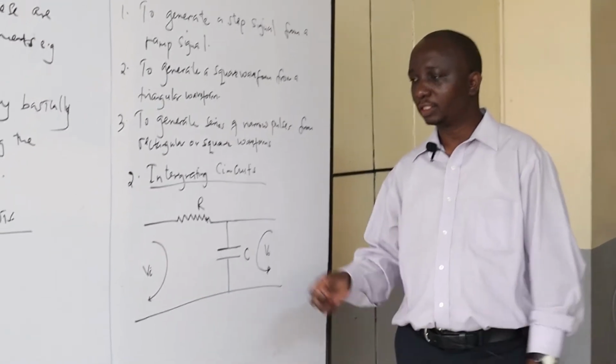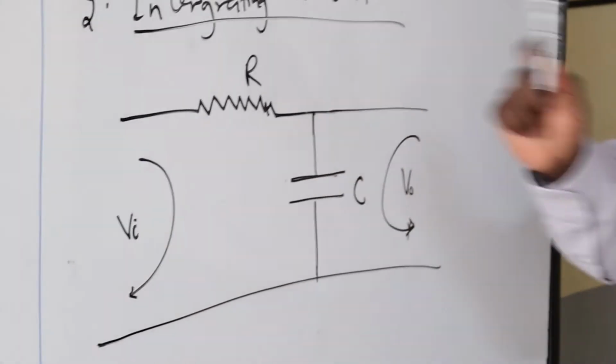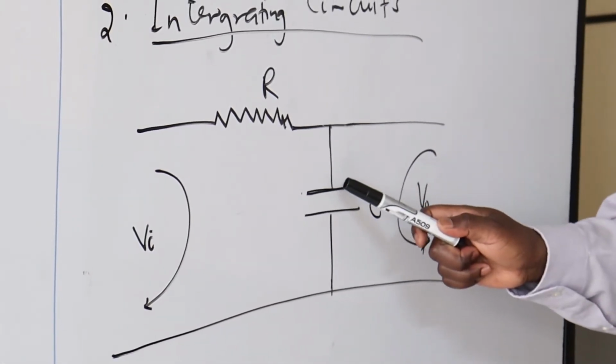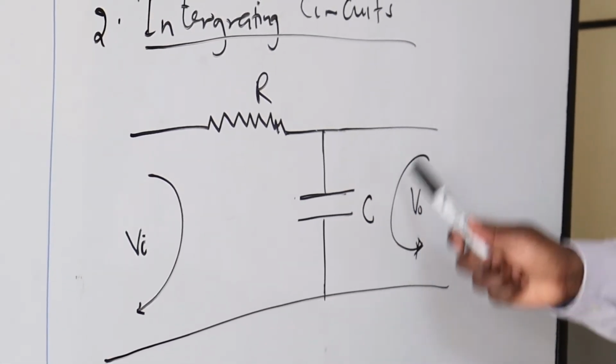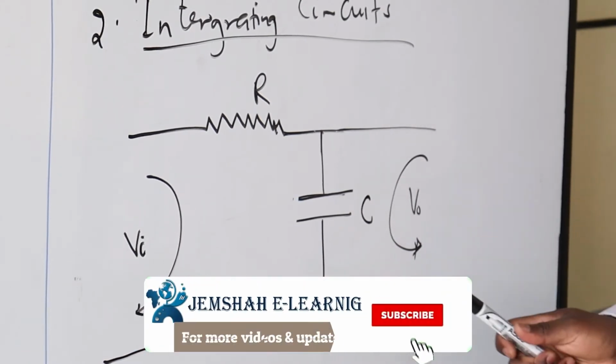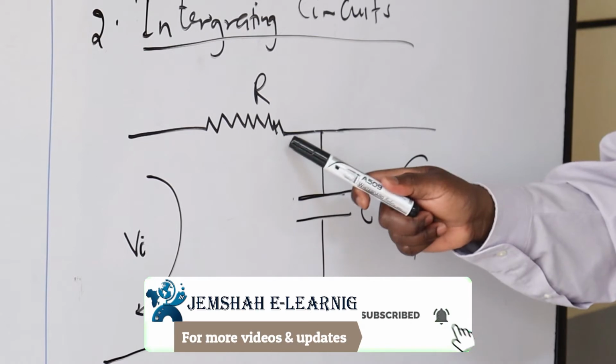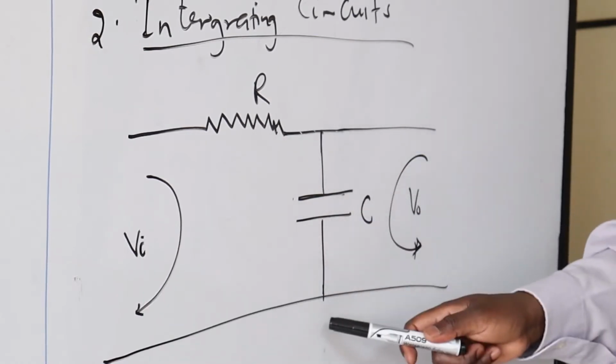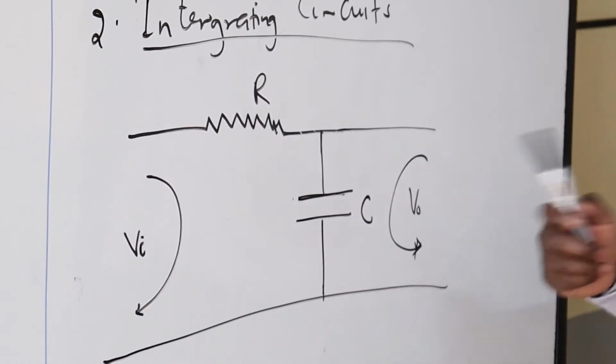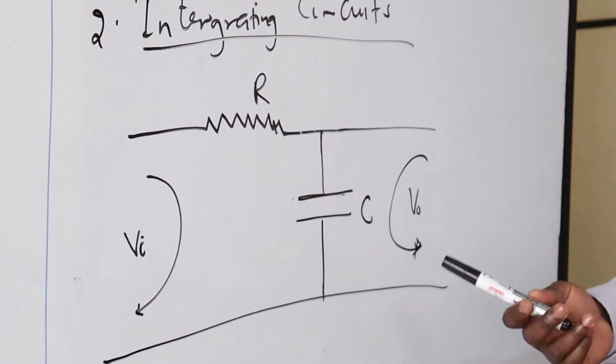At low frequencies, the resistor conducts and the capacitor is charged. At that point, we are able to record an output across the terminals of the capacitor. But at high frequencies, as much as the resistor will allow them to pass, the capacitor will ground the high frequencies to the ground. So at the end of the day, we have no output.